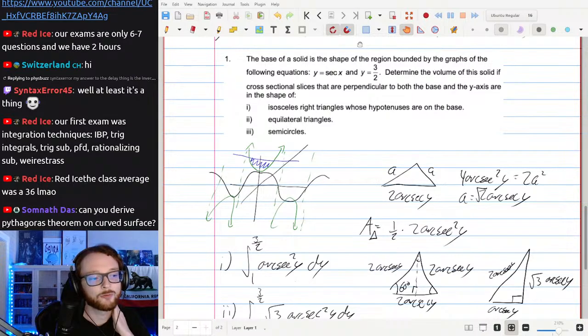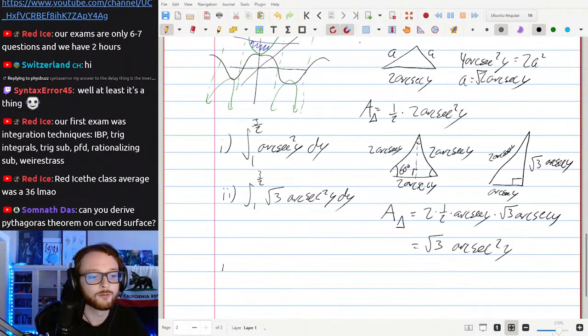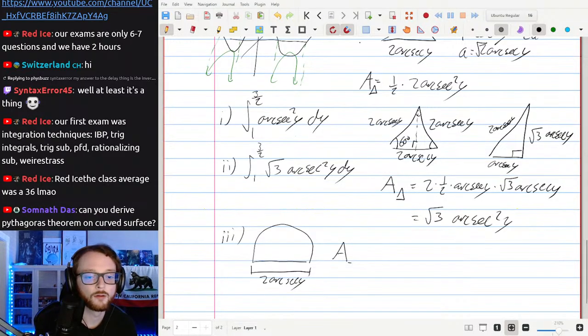Okay, and then semicircles. Here a cross section looks like that. The entire width is 2 arcsecant y. So the radius is half of that, just arcsecant y. The area of an entire circle is pi r squared.